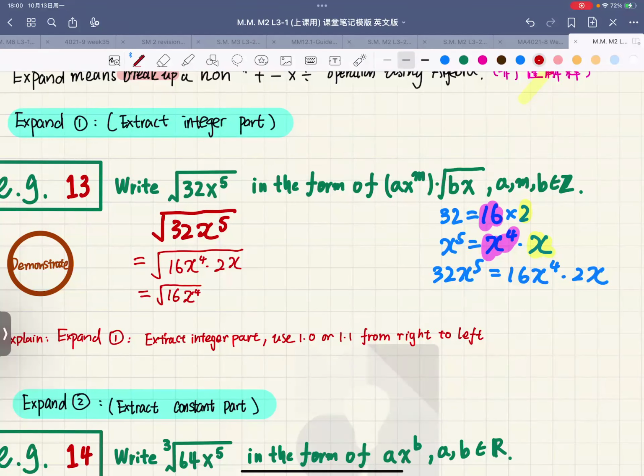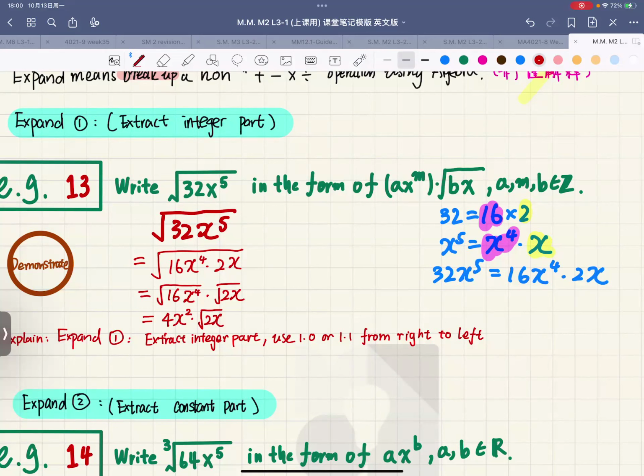All right, times the square root of 2x. Right, that's how we break up the square root. Now you can see the square root of 16x to the power of 4 basically is equal to 4x squared times the square root of 2x.